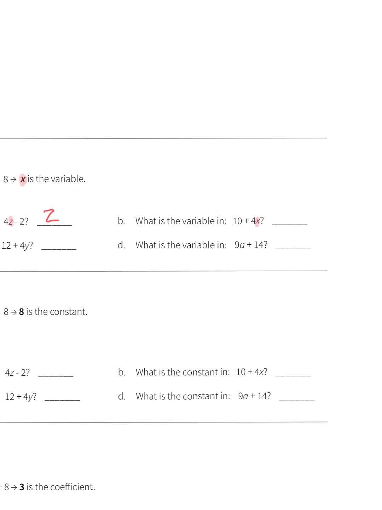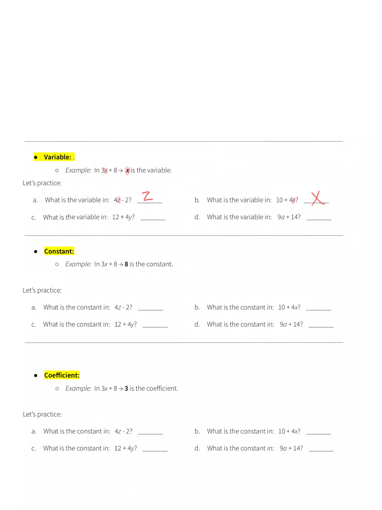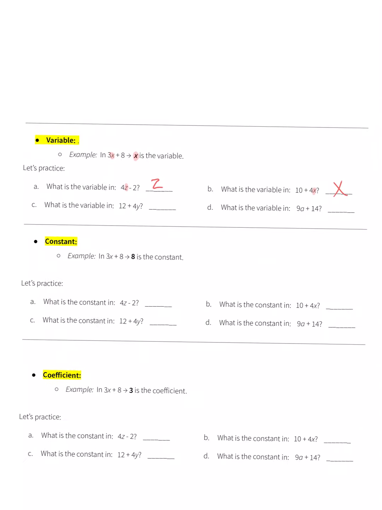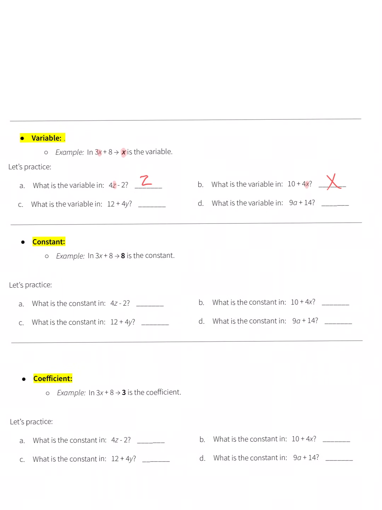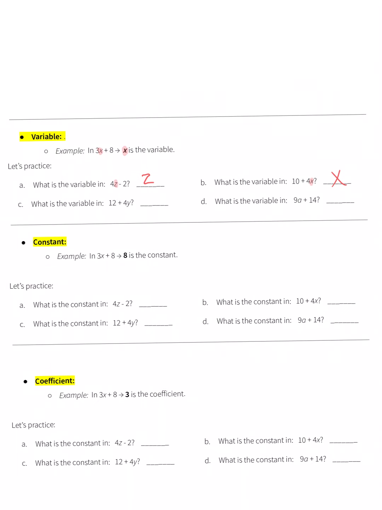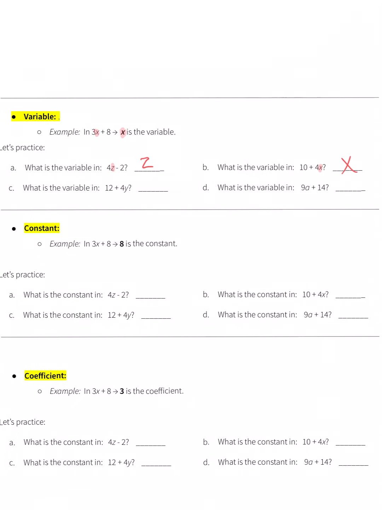It's the letter X. So my variable here is X. Why don't you go ahead and try C and D. Hopefully you paused the video and tried those, and you're getting the same thing as me. The variable in this would be Y, and the variable in this would be A.